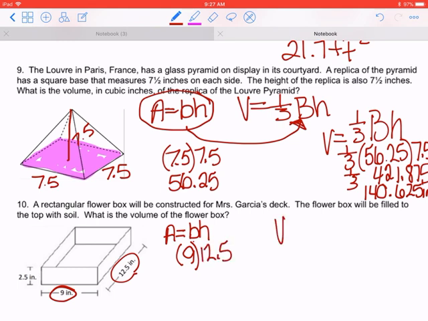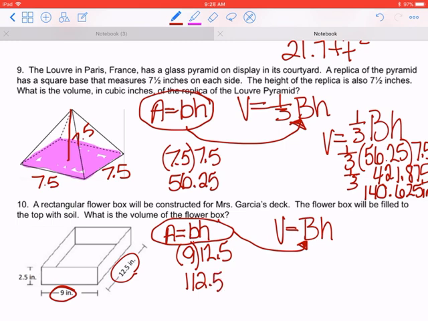I'll need to use the formula for volume of a prism, which is V equals big BH. And when I am done finding the area of the base, I'll replace that number with the big B in my volume formula. 9 times 12.5 is 112.5.